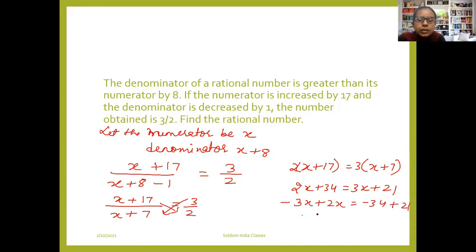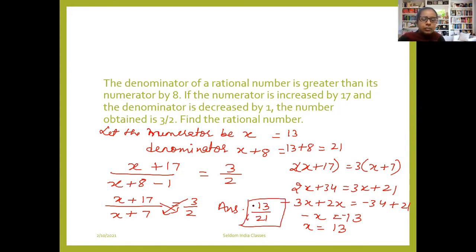Correct? So minus x equals minus 13 or x equals 13. So the numerator is 13 and the denominator is 13 plus 8, that is 21. So the answer is 13 by 21. This is the rational number.